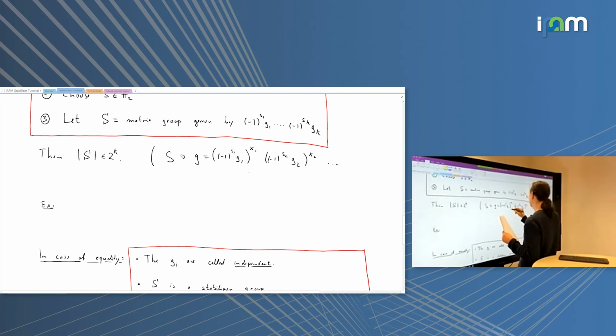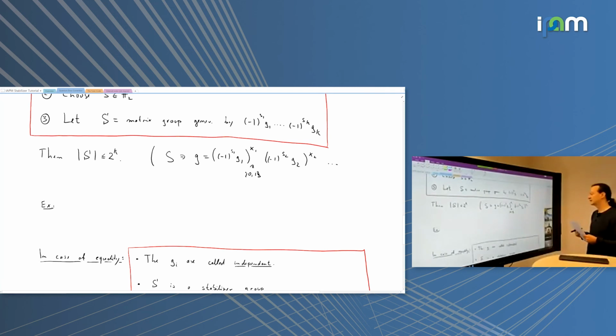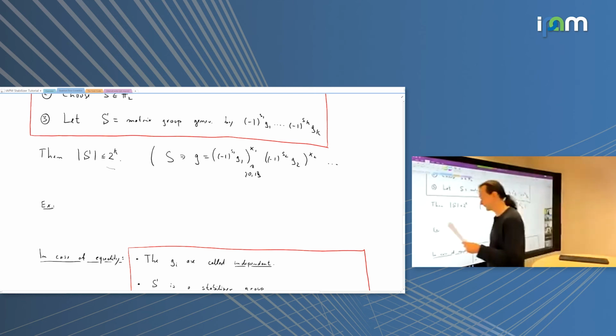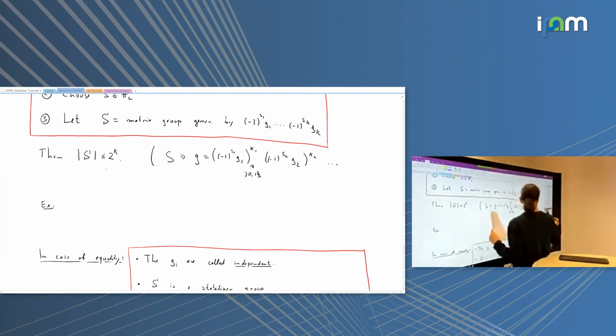So in fact, I can restrict X1 to be an element of either 0 or 1, because if it's 2, then it wraps around, and so on. So I have K powers, which can either be 0 or 1. So I have at most 2 to the K elements in this group. Okay, I wanted to give an example, but maybe I leave it at this because I want to get a bit further in the lecture.